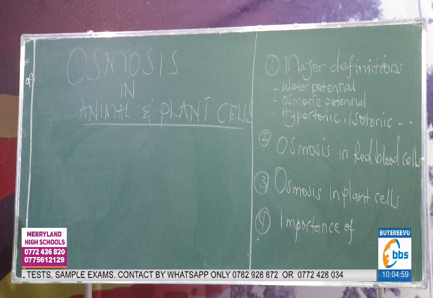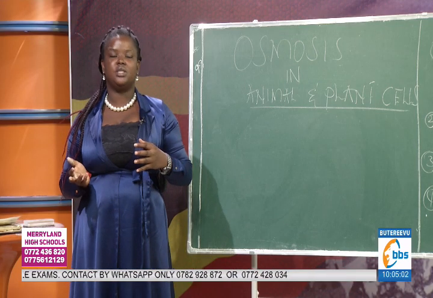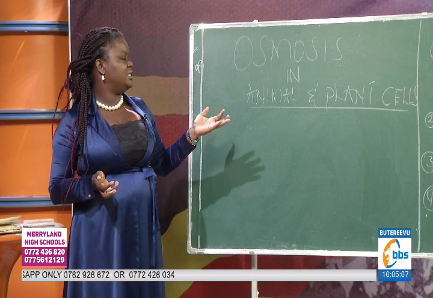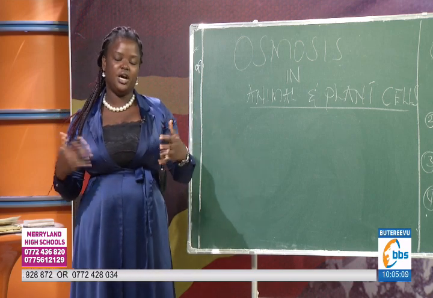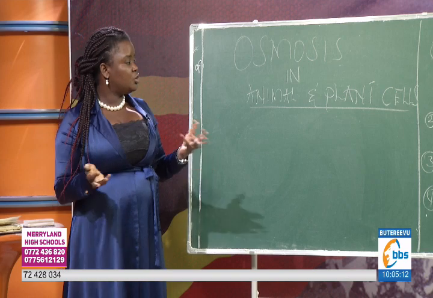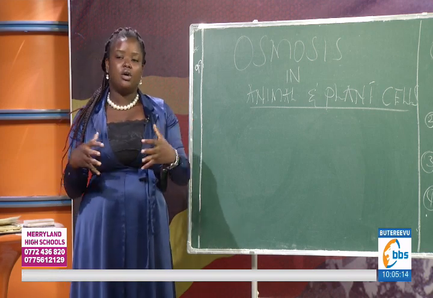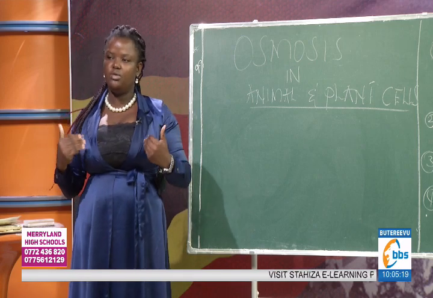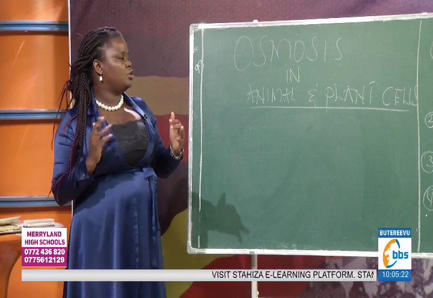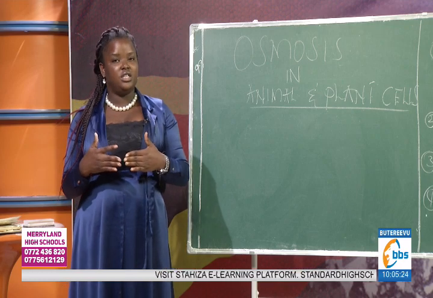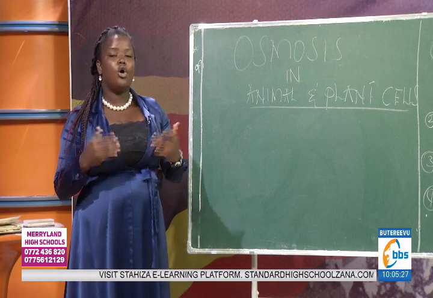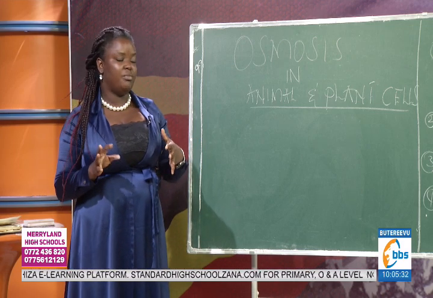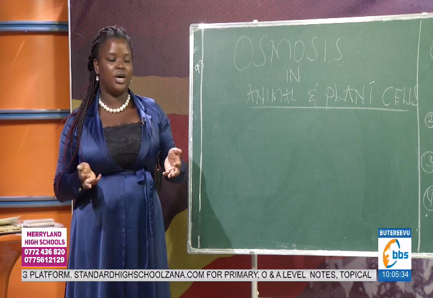But today we want to go a little bit deeper into osmosis by looking at why we should study osmosis anyway. What is the effect of osmosis? How does it affect our body system? Osmosis can affect the contents of our body if we do not monitor the amount of salt we take in our food, or the amount of sugar we take within our tea or the different fluids that we take, or if we have severe conditions such as diabetes mellitus, whereby you have high blood sugar levels.